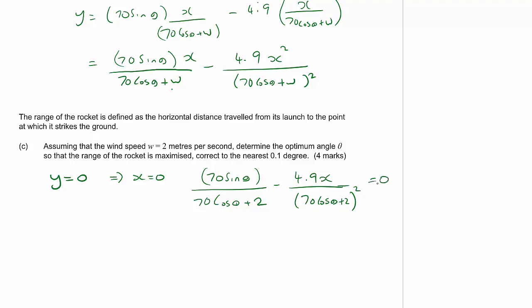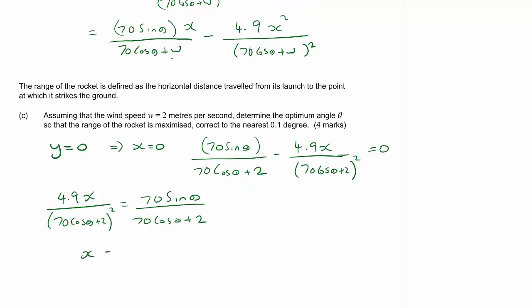So the solution to this will give us the other value of x. So 4.9x over 70 cos theta plus 2 squared would be equal to 70 sine theta over 70 cos theta plus 2.